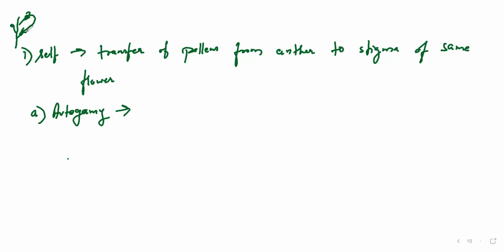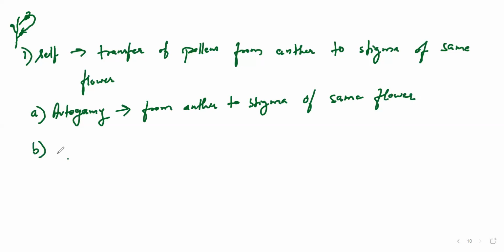So hence, the pollen grains from anther to stigma of the same flower. Whereas geitonogamy means what? Geitonogamy means pollen grains are transferred from anther of one flower to the stigma of another flower of the same plant.